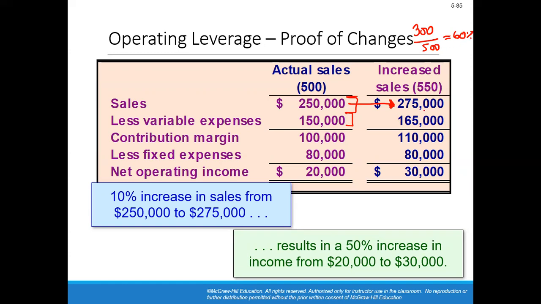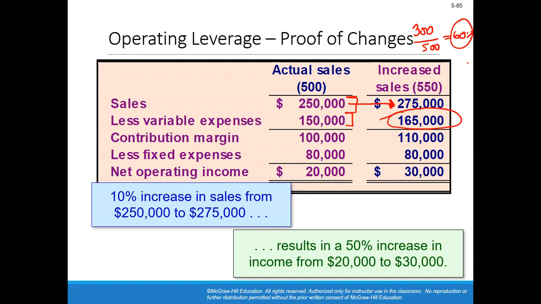So out of 55,000, what is the 60%? Can you calculate it? You see the same amount, 33,000, which expresses this percentage.